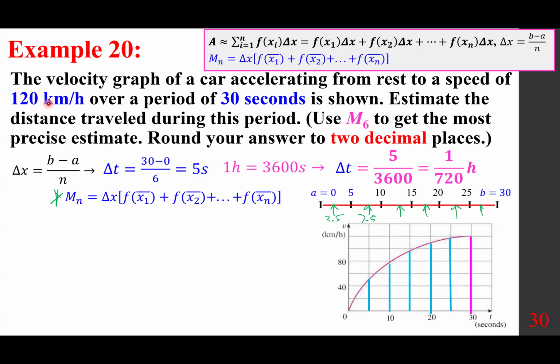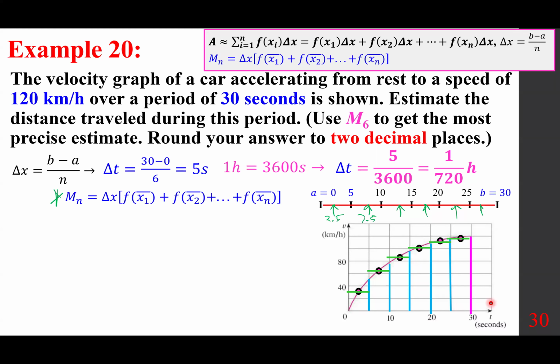So then the velocity at 2.5, 7.5, add 5, 12.5, 17.5, 22.5, 27.5. Those are the midpoints, everybody. Look at the midpoints. You draw those lines. So you want this area plus this area and so forth.